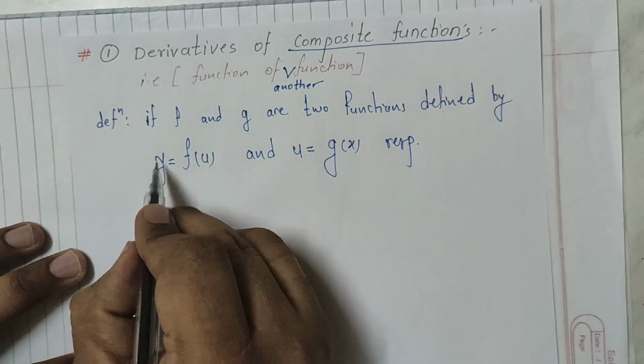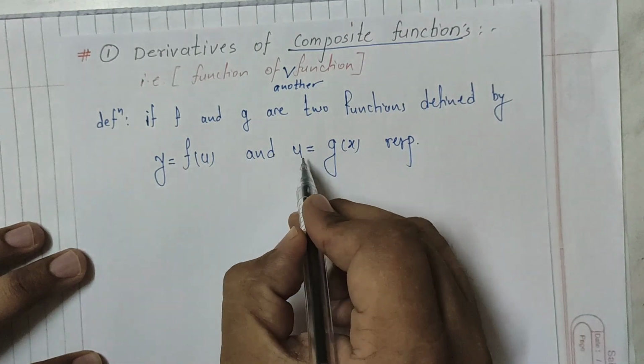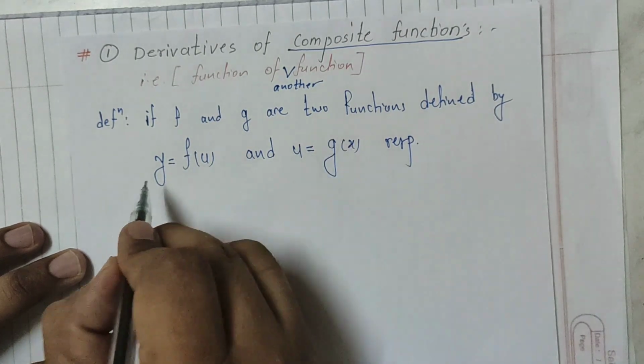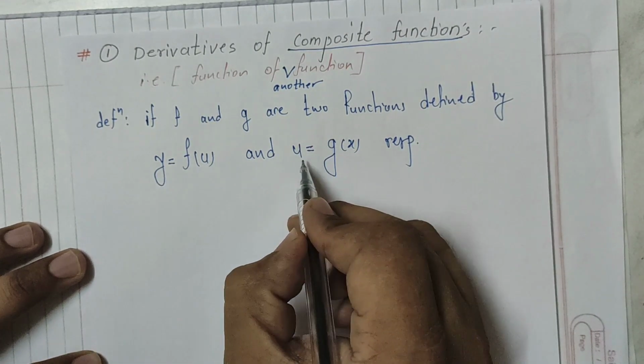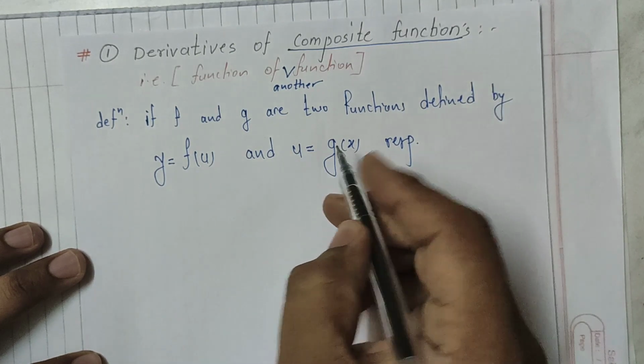Here y is in terms of u and u is in terms of x, that is y is equal to f of u and u is equal to g of x.